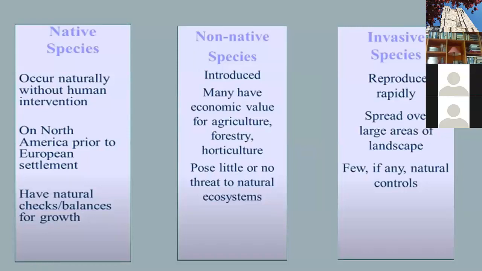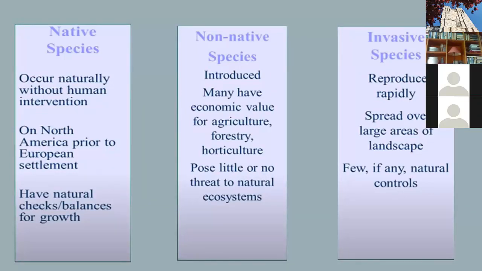So, non-native species, they've been introduced, but they pose little or no threat to natural ecosystems. But on the other hand, there's the invasive species, which reproduce rapidly. They can spread over large areas, and they have few, if any, natural controls.